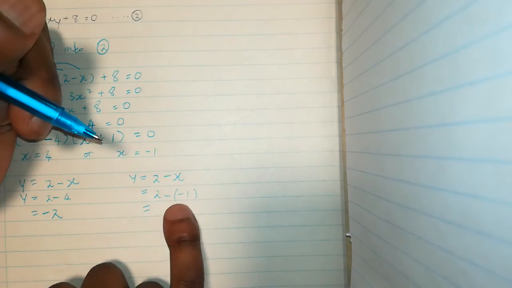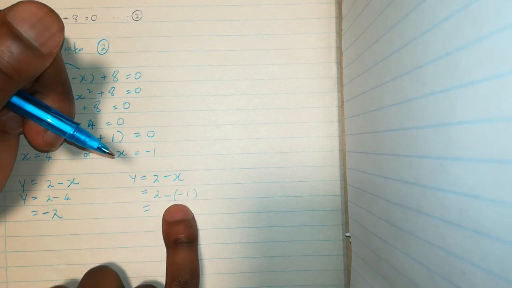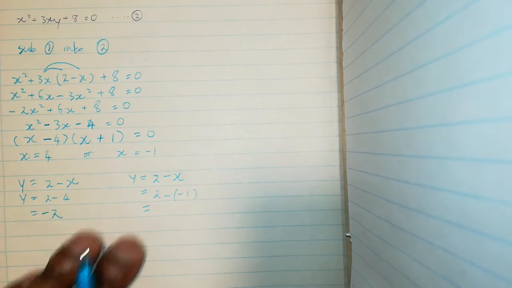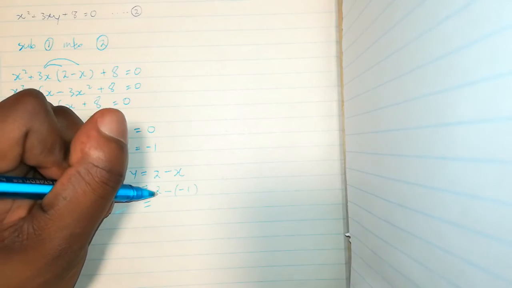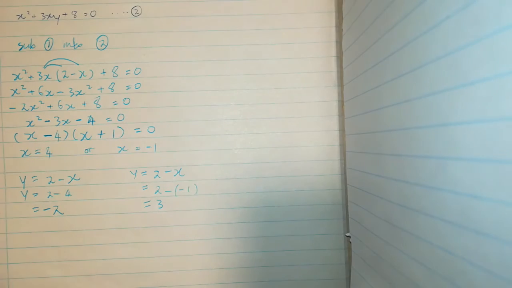But on the other hand, we have that x is equal to negative 1. So you need to substitute negative 1. A negative and a negative give you positive. So this is 2 plus 1. It should give you 3.